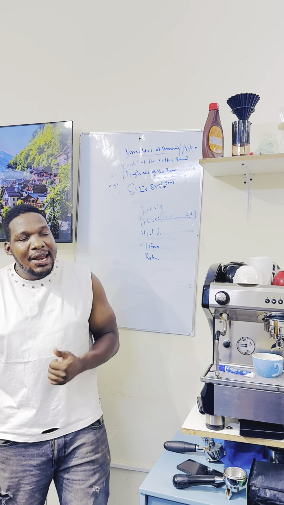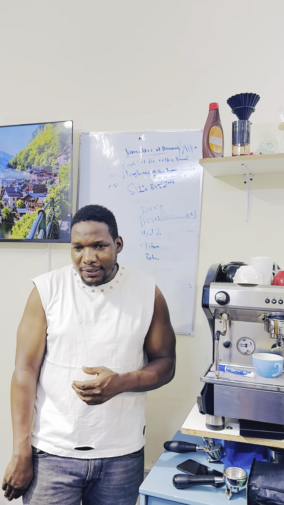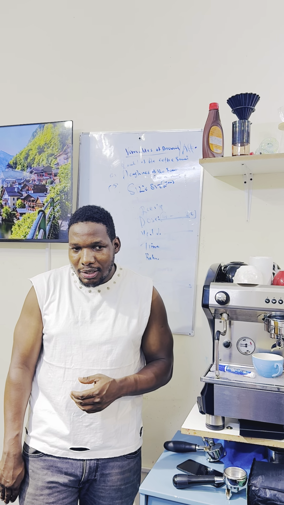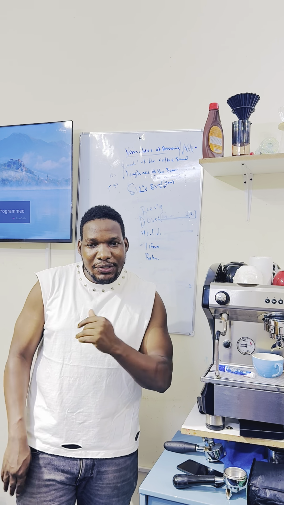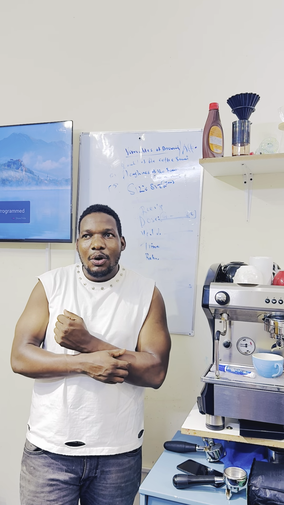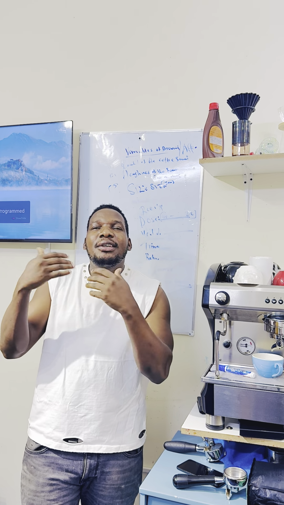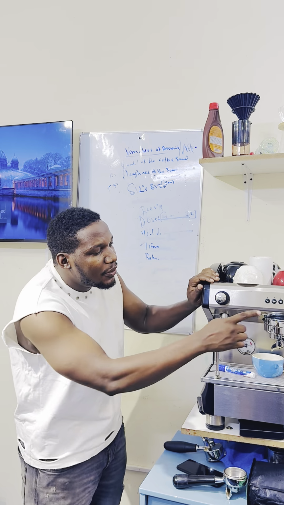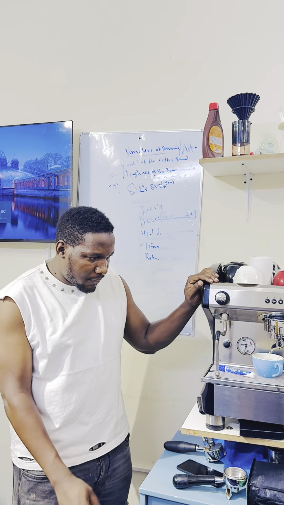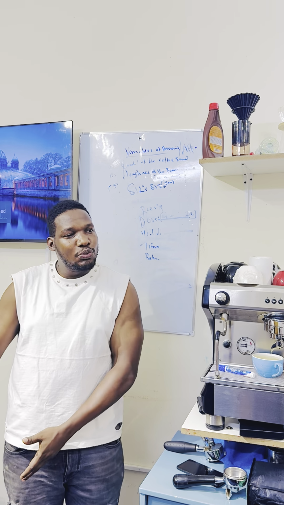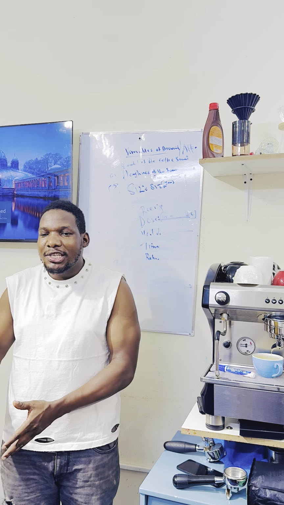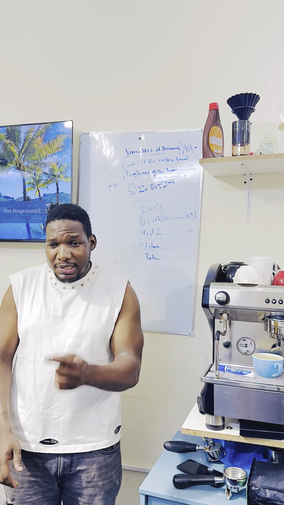Now, number two, another incident. If you put in less, the basket was supposed to take 22 grams and you put in 15. When the water starts to come, it's as if there is no coffee. It will just flow like this. So if you experience such a rate, you're not going to clock 20 to 30 seconds. That is incident number one.